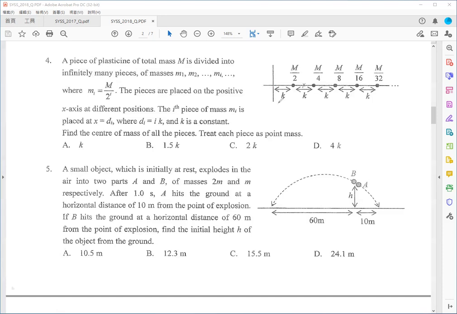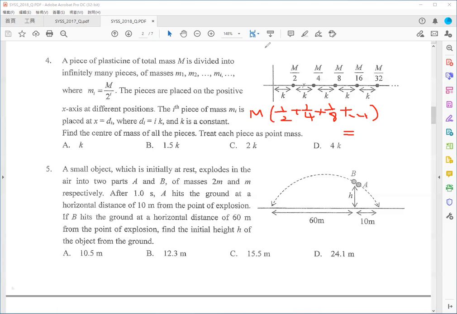First of all, can you find the total mass of the object? Total mass. So the total mass will be M times 1/2 plus 1/4 plus 1/8 and so on. We have talked about this kind of infinite geometric series, and I have told you how to do it.